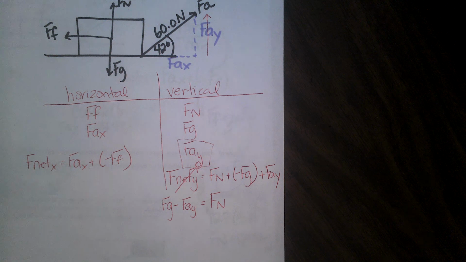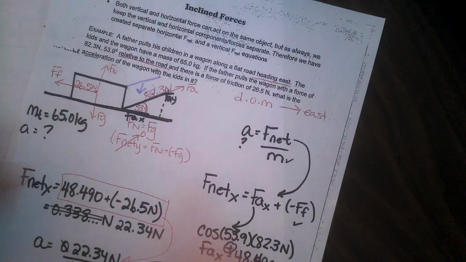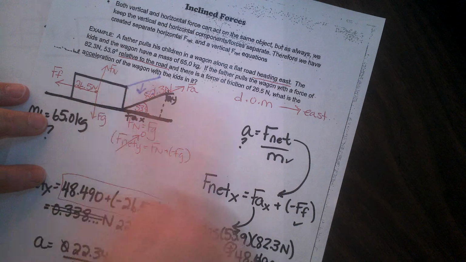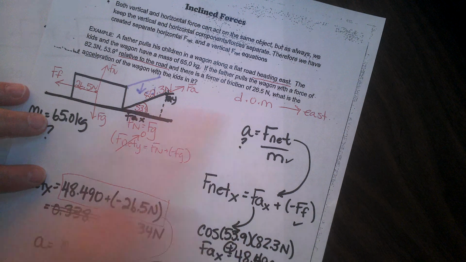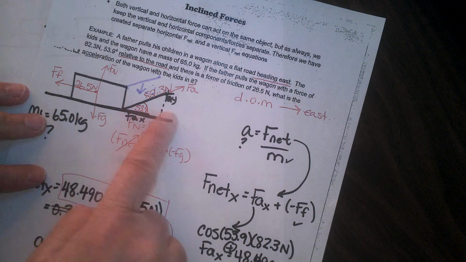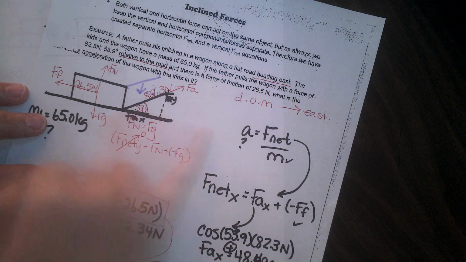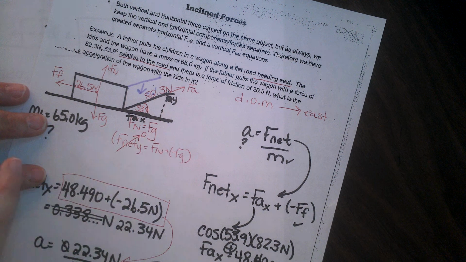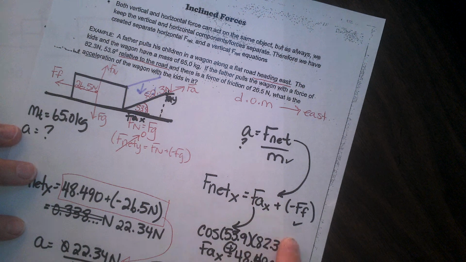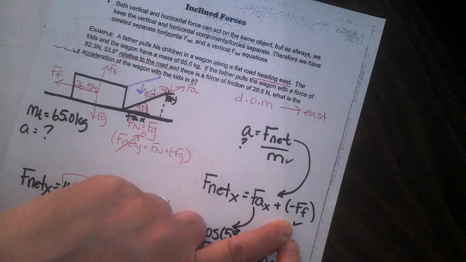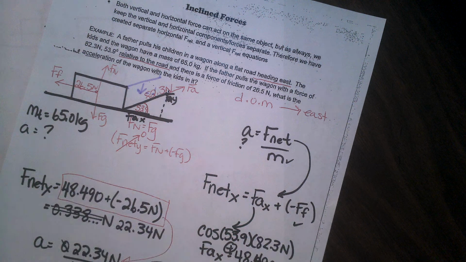And in the previous question, it asked us to find the acceleration of the wagons with the kids on it. We were looking at force of friction and force applied X. When we did this formula, we had force of friction given to us. We didn't need any other piece of the system. In the horizontal, we were satisfied.